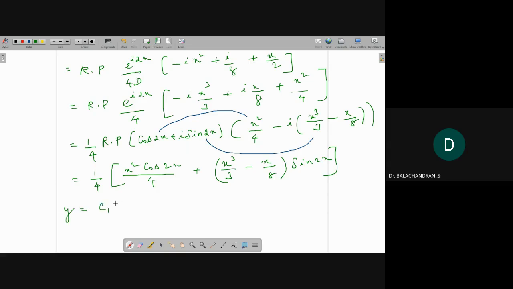C1 cos 2x plus C2 into sin 2x plus PI. PI is x square cos 2x divided by 16, 4 into 4 is 16, plus 1 by 4 into x cube divided by 3 minus x by 8 into sin 2x. So this is the final answer.